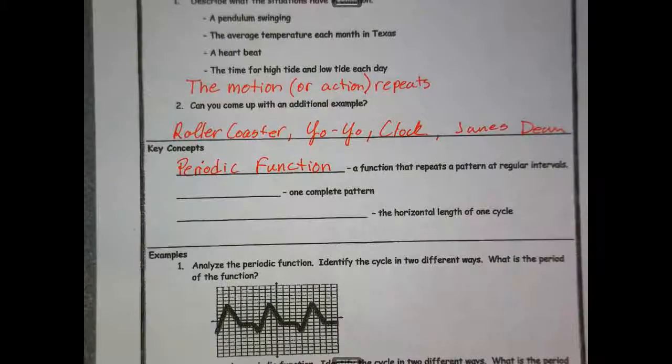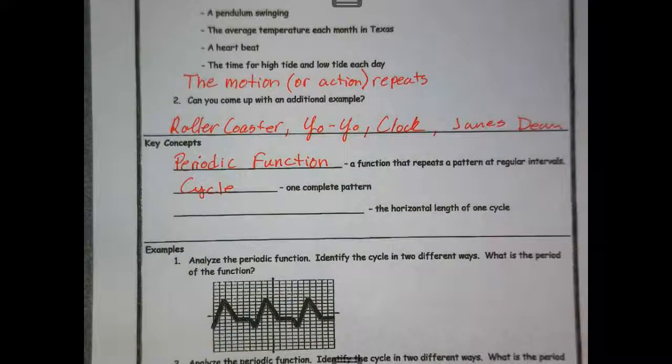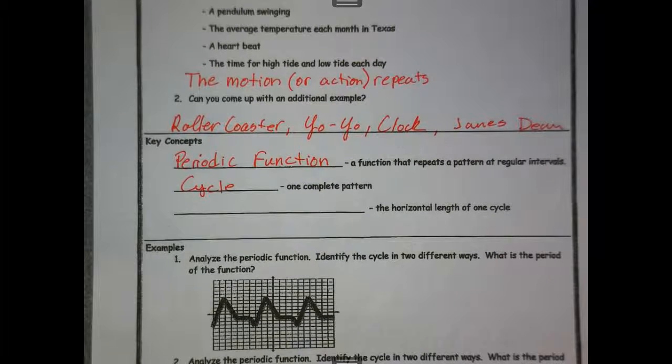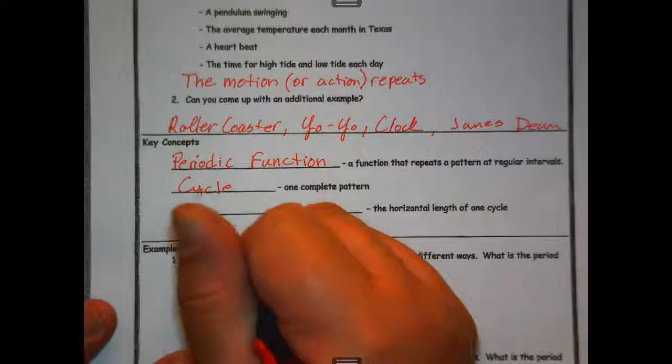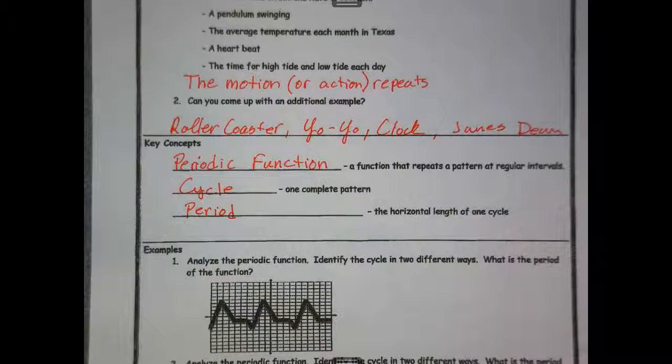One complete pattern is a cycle. The horizontal length of one cycle is the period.